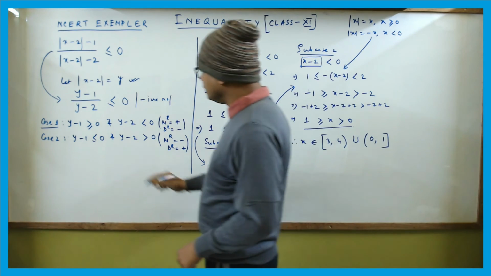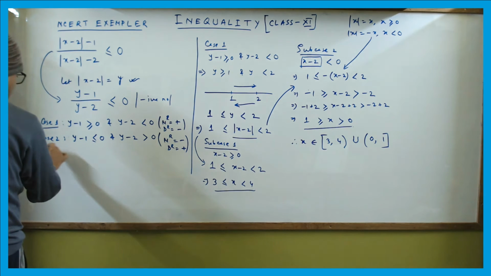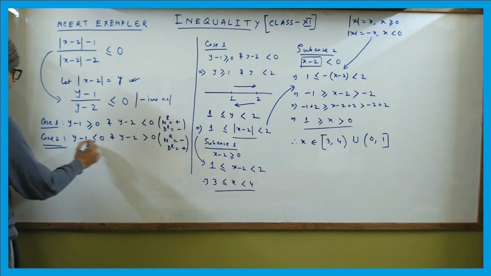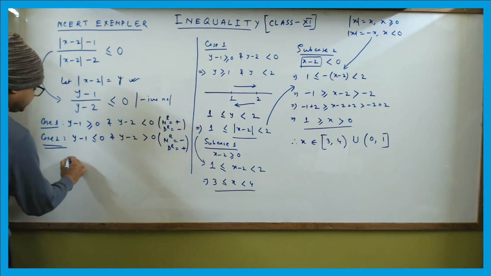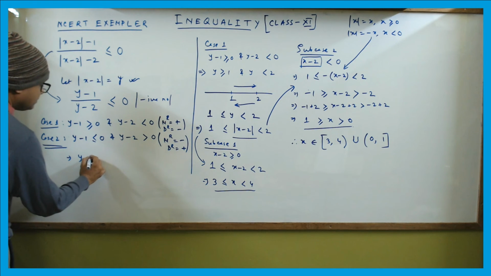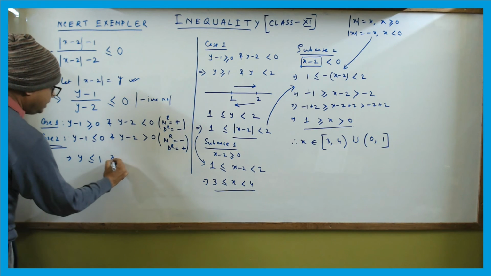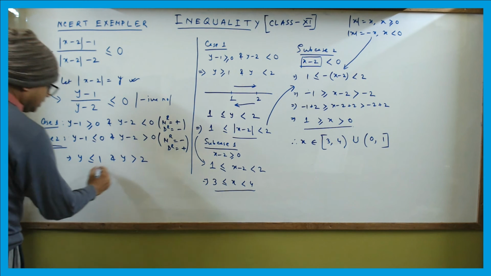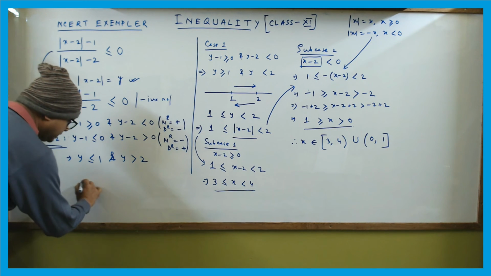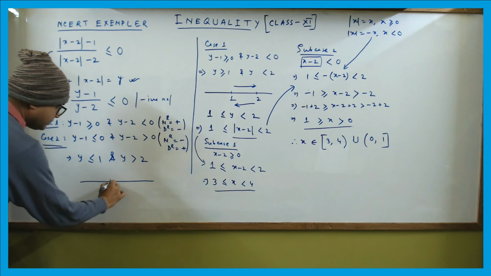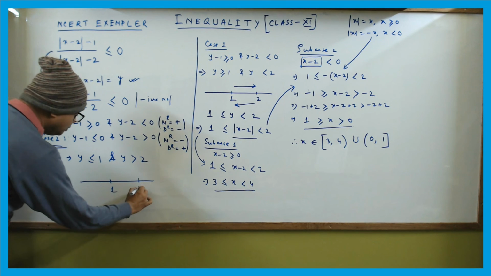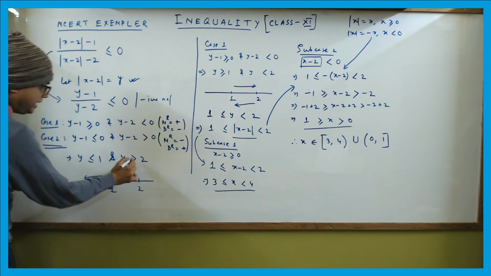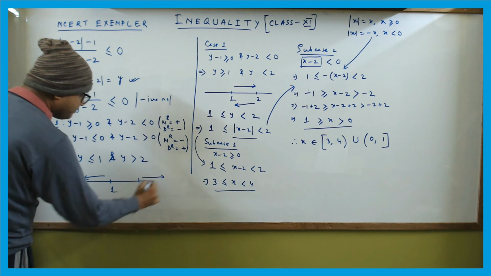Now we have to consider case 2. Case 2 states that y minus 1 less equal to 0, that is, y less equal to 1, and y greater than 2. But if you put 1 and 2 on the number line, y less equal to 1 means this zone, and y greater than 2 means this zone.